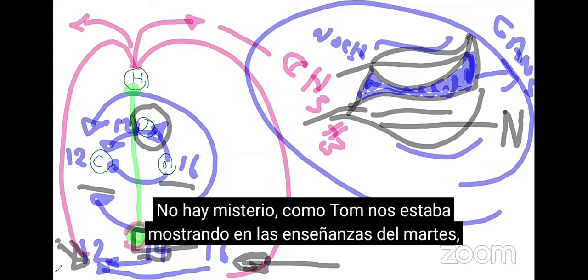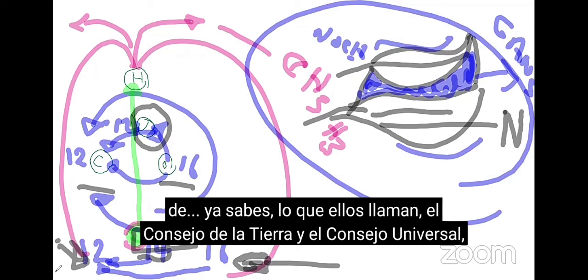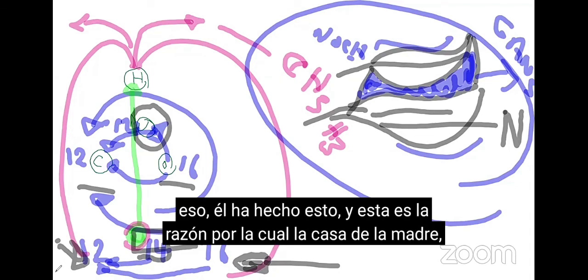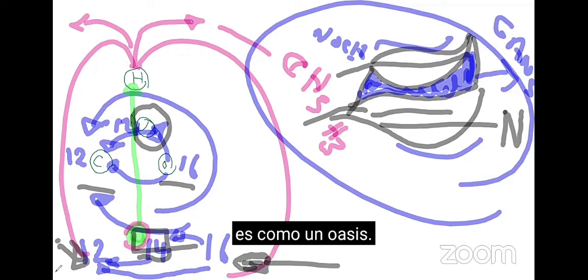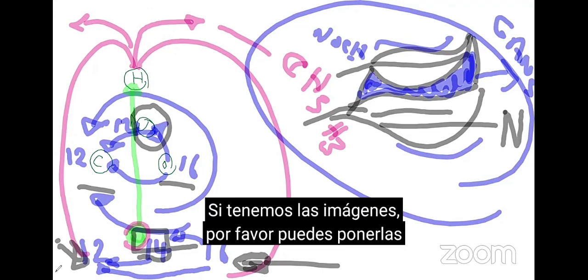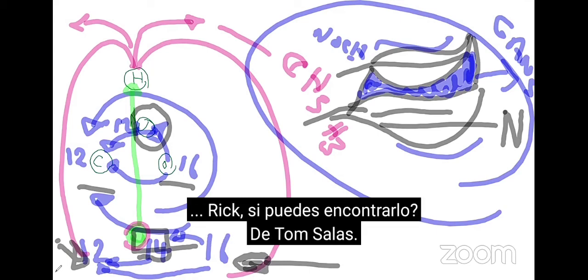There is no mystery, as Tom was showing us in the Tuesday teachings of what they call the Earth Council and Universal Council, that he's done this, and that's why the mother's house is like an oasis. If you have the pictures, please can you put them up, Rick, if you can find them, from Tom Selleck.